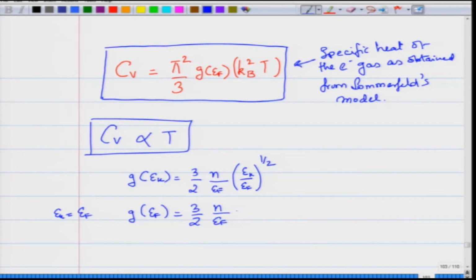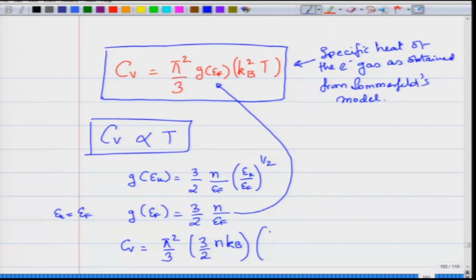And if I now replace the density of states at the Fermi energy in this expression, I will get the specific heat as equal to pi square by 3 into 3 by 2 n kB into kBT by Ef. I am only rearranging terms.